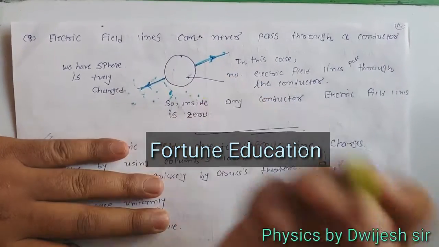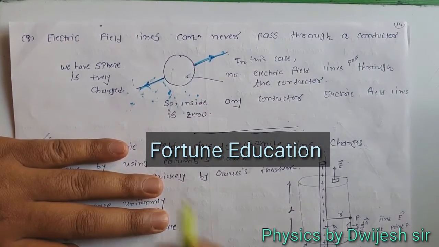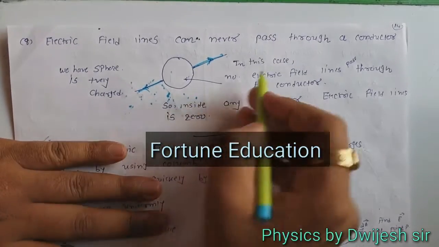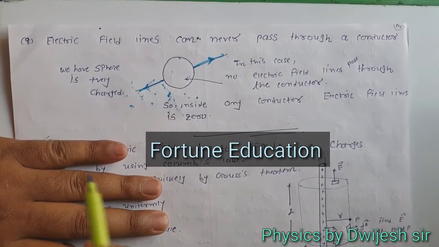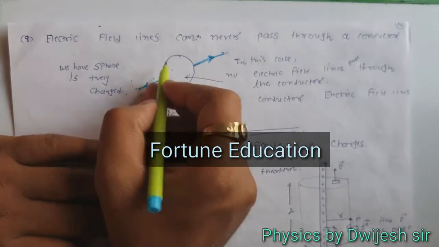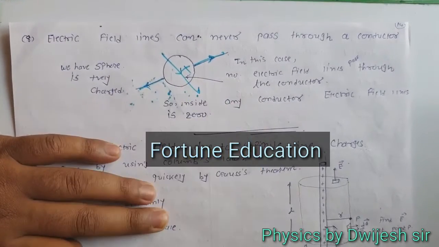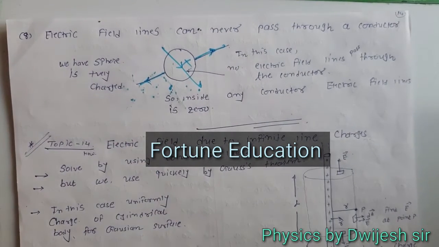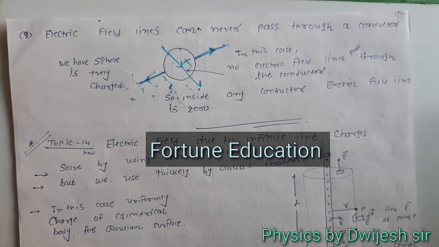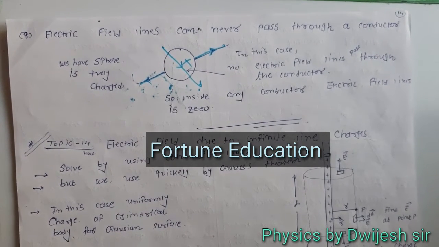In this case, no electric field lines pass through the conductor, so inside any conductor the electric field is 0. So we can say that electric field lines never pass through the conductor.